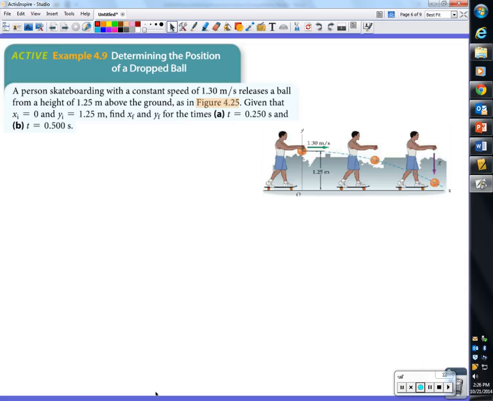Given that x initial is 0 and y initial is 1.25 meters, find xf and yf for the times t equals 0.250 seconds and t equals 0.50 seconds.